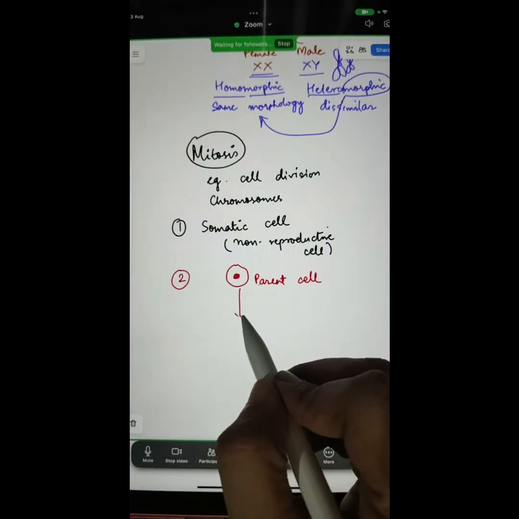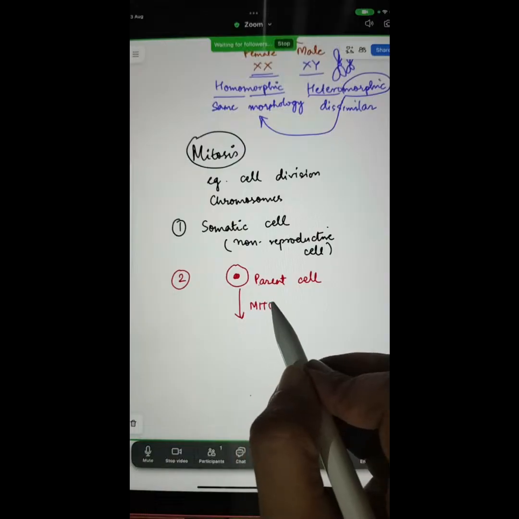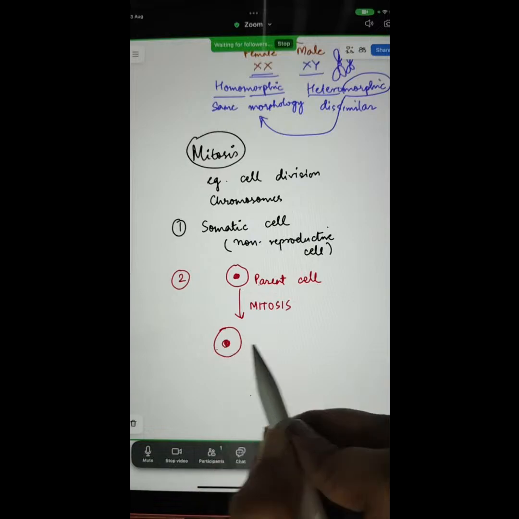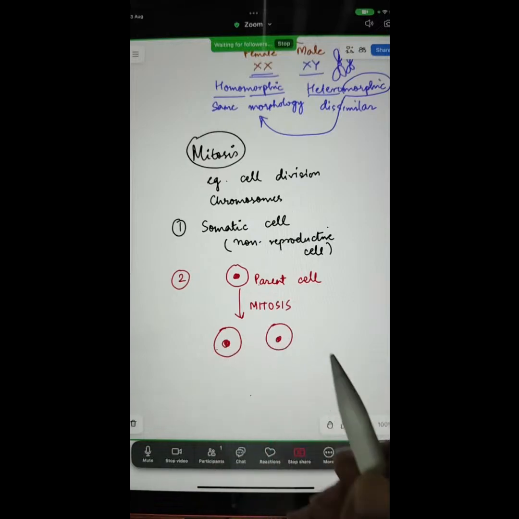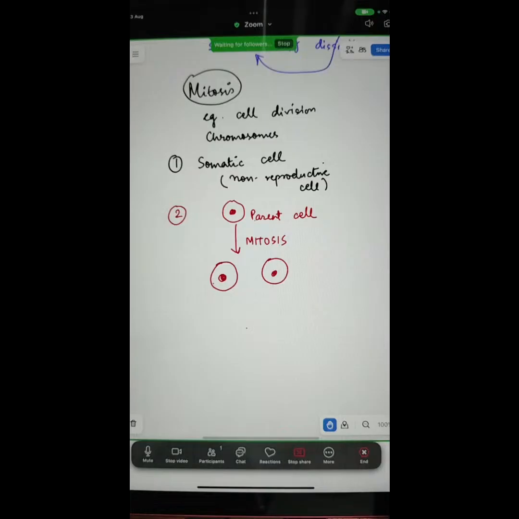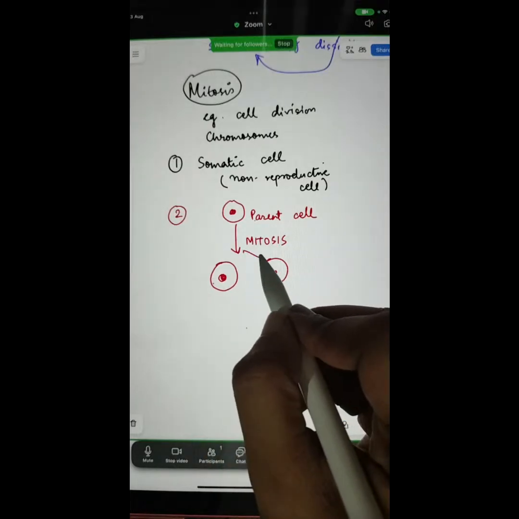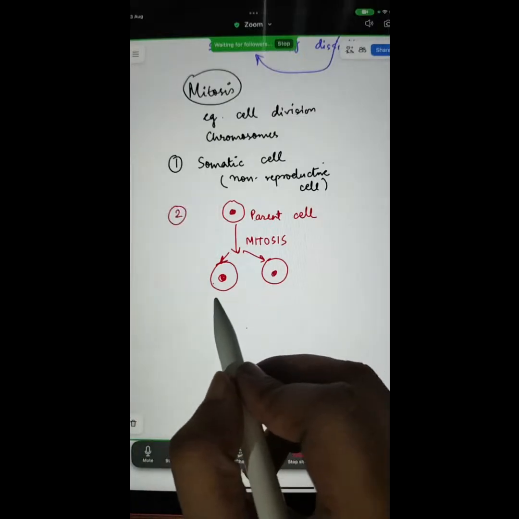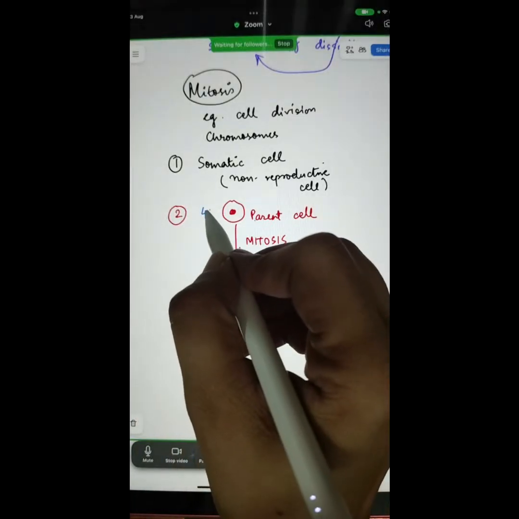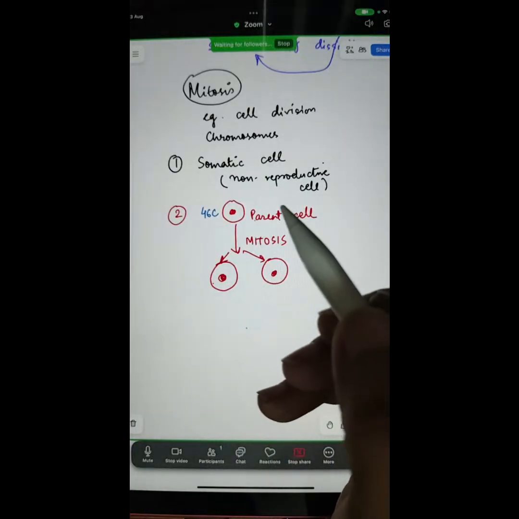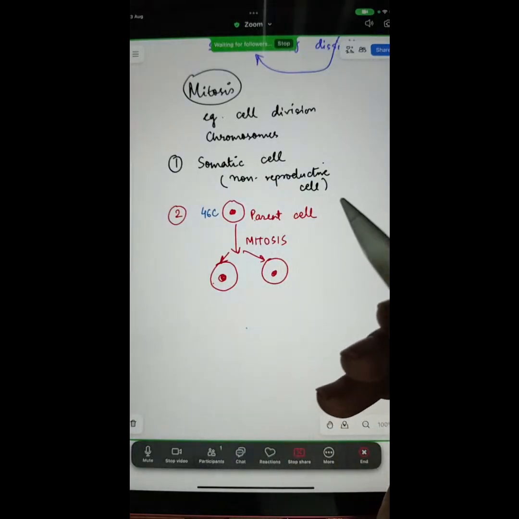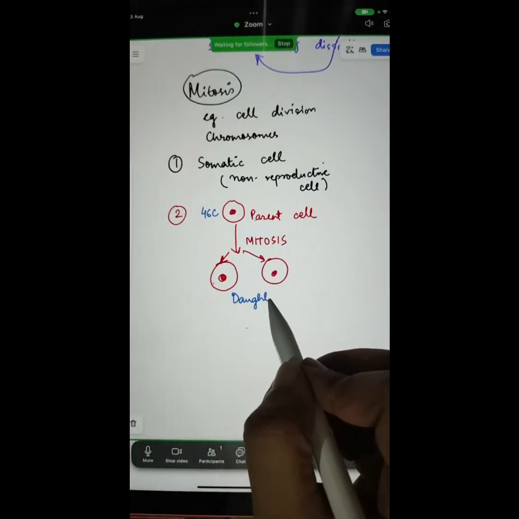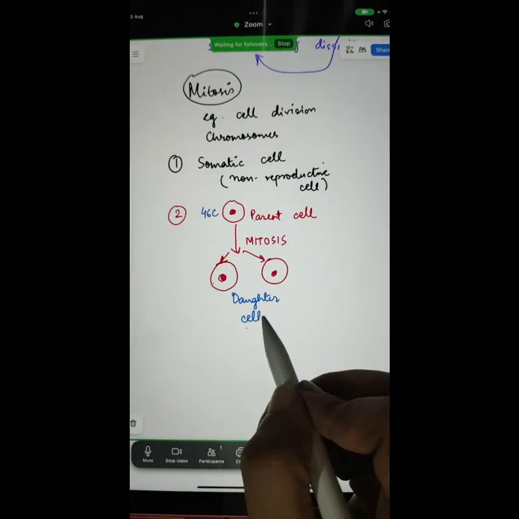So, a parent cell, if it is dividing by mitosis, how many cells is it going to form? It will be forming two cells. So, from one parent cell, how many cells will be formed? Two cells will be formed, one this one and one this one. Now, suppose we have started with a parent cell with 46 chromosomes in it. So the new cells, both these cells, what are they going to be named? Daughter cells.